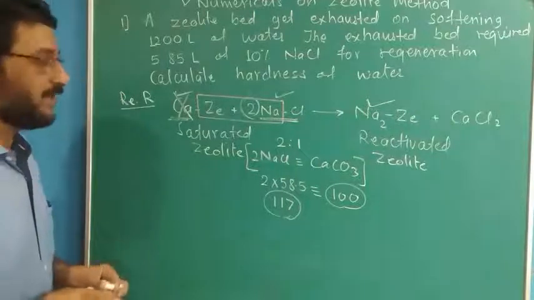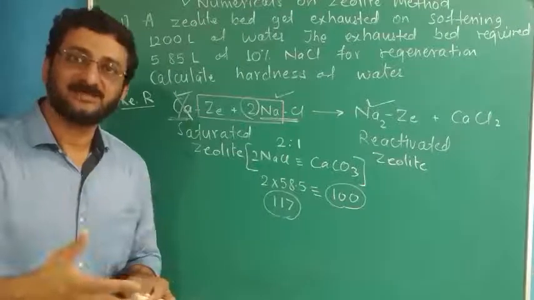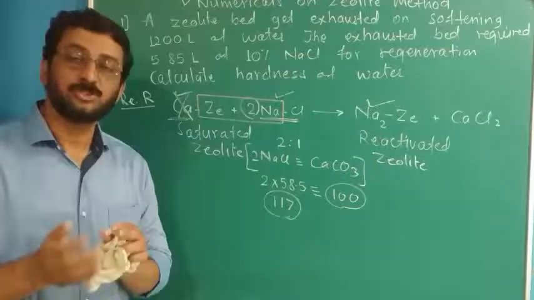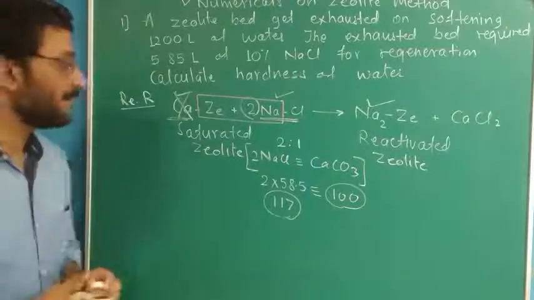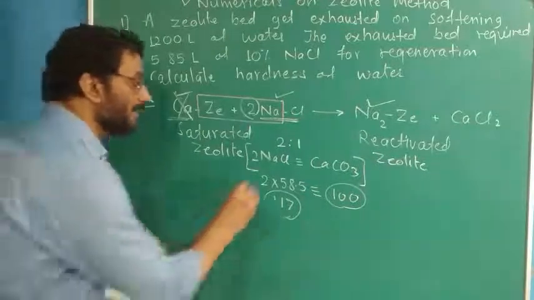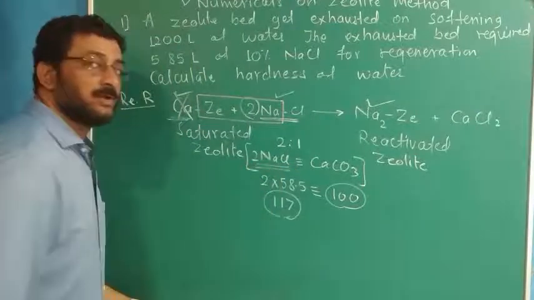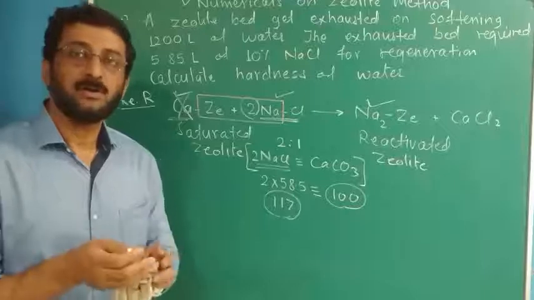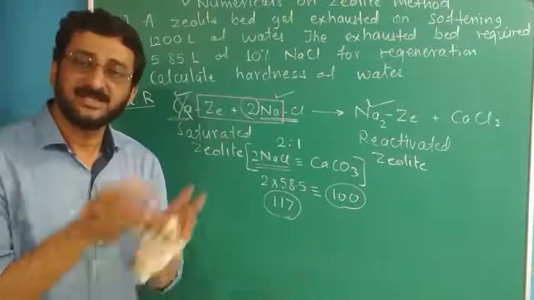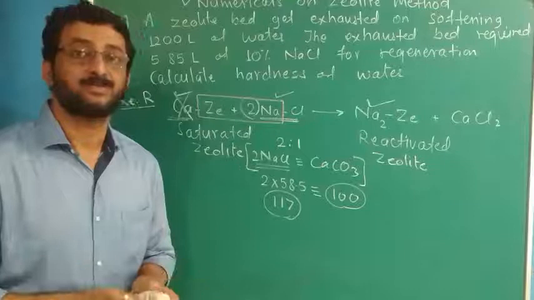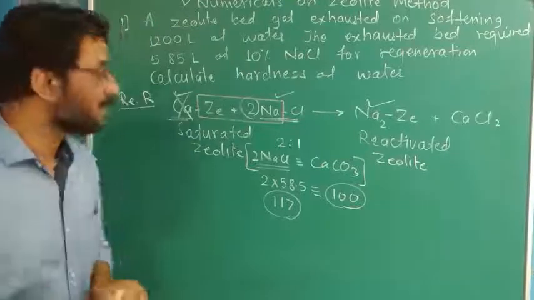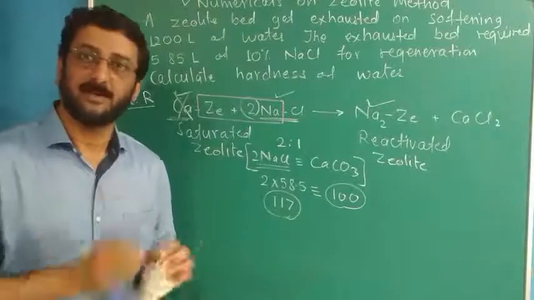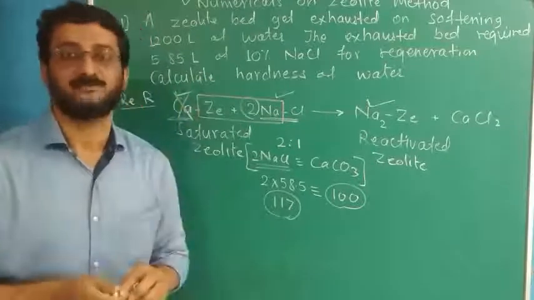Whenever we need to express hardness, how do we express it? In the form of CaCO3 equivalent. That we have also seen. In the same manner, whenever you see that this much NaCl is required for regeneration of an exhausted bed of zeolite, that NaCl has to be taken in the form of CaCO3 equivalent using the same multiplication factor.